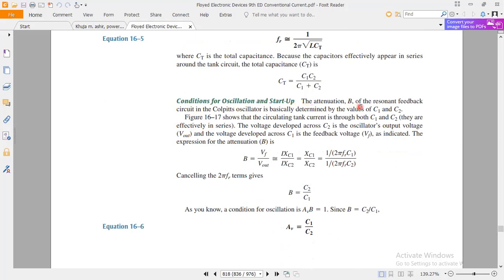The attenuation factor, which we call B, of the resonant feedback circuit in the Colpitts oscillator is basically determined by the values of C1 and C2. Figure 16-17 shows the circulating tank current, meaning the current which flows through the inductor and capacitors. This particular type of current we call tank current because it flows in the tank circuit.